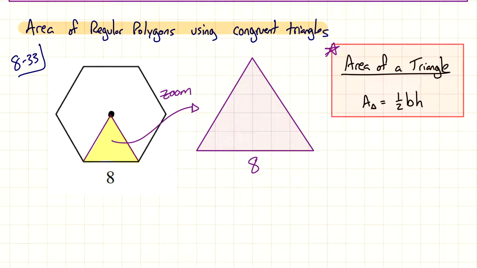What I do know is I'm going to have a total of 6 triangles like this. If you remember, if I actually draw these in, there's a total of 6 triangles in this picture. So I could already start a formula for this. The area of our hexagon is going to equal 6 triangles times the area of the triangle, which we already know is 1/2 base times height.